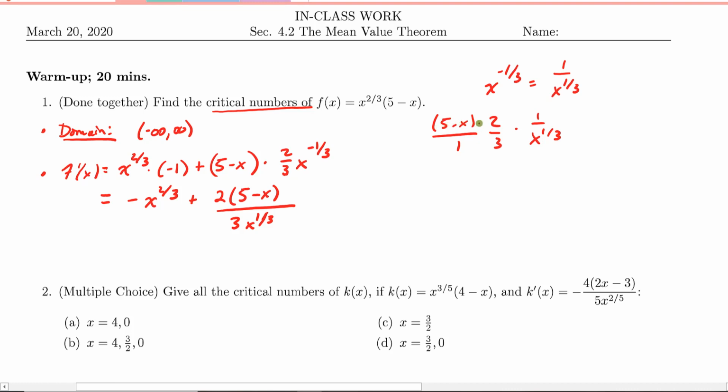And if I write the numerator as a single expression and the denominator as a single expression, that's how I end up with that fraction. Folks, if you had trouble on that, please let me know. Okay, let me clean that up a little bit. All right, so remember, my goal here is to rewrite this expression as a single fraction. Okay. So let's see what we can do here.